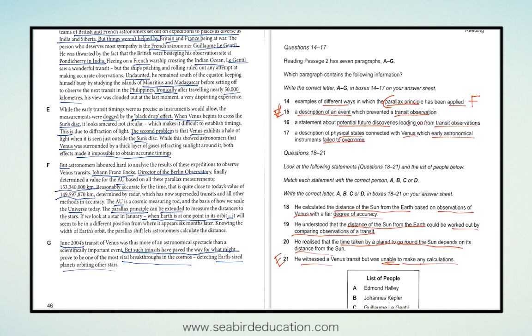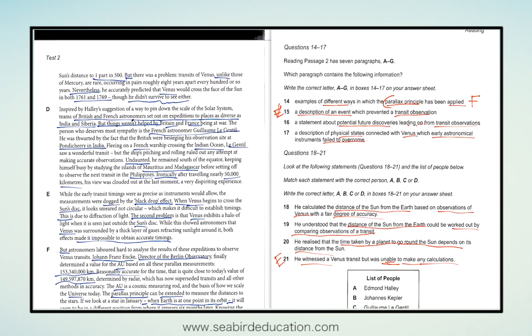It's the closest one, but I can't find it. Aha, the ship's pitching and rolling ruled out any attempt to make accurate observations. So the British were besieging his observation site in India, so he went on a warship.